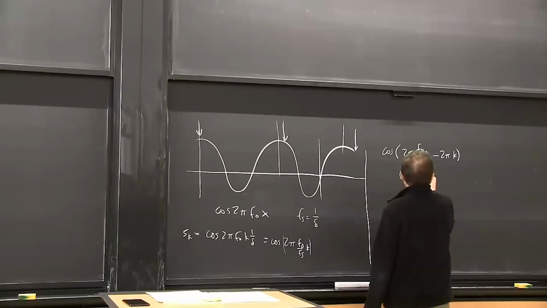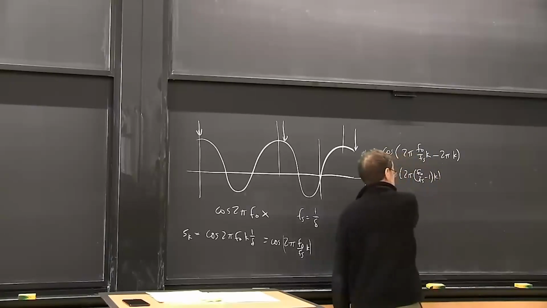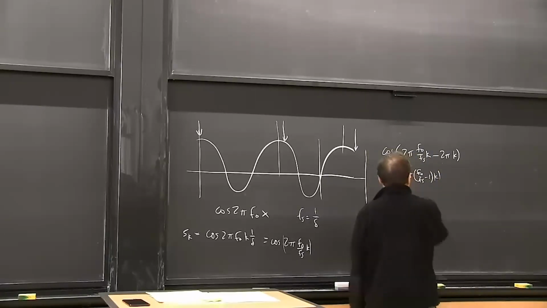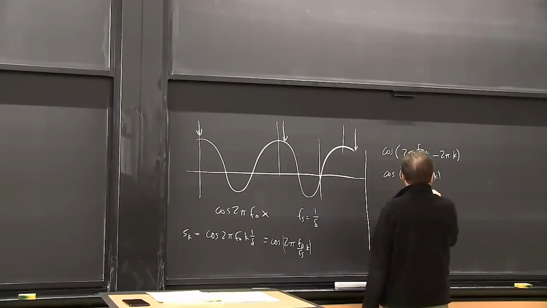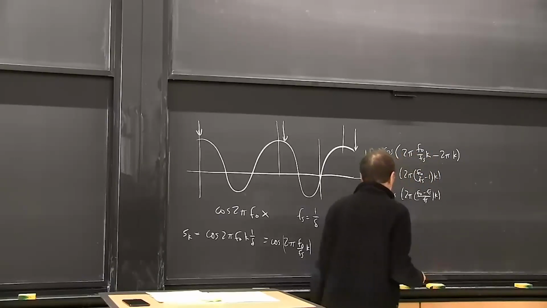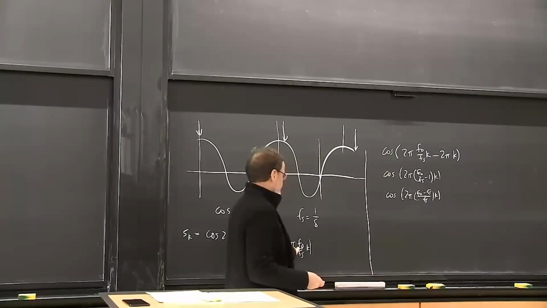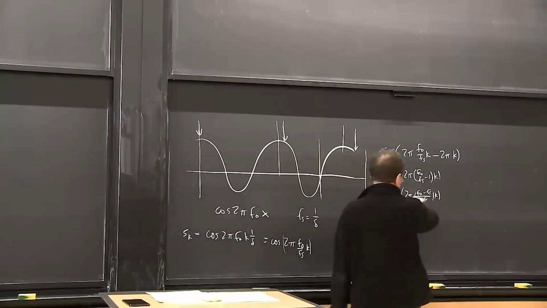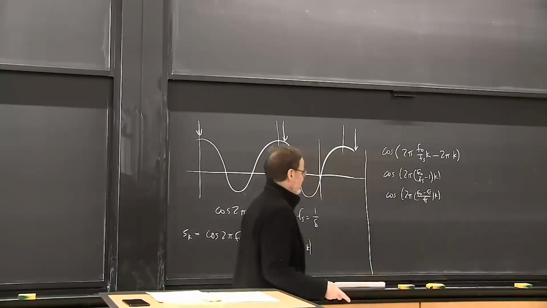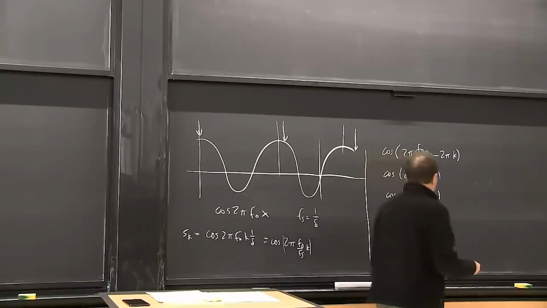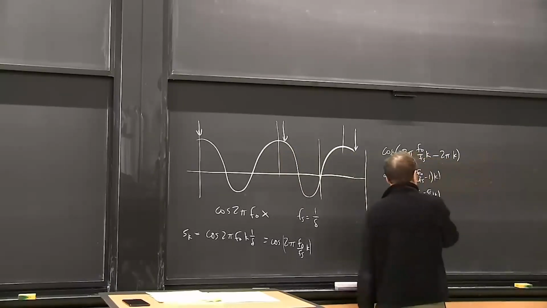So that means I can write this, and what that means is that I started off with a wave of frequency f0, and now I'm saying that it's the same as a wave of frequency f0 minus fs, or in fact the same as, since cosine is an even function, if I wanted to, I could say fs minus f0.